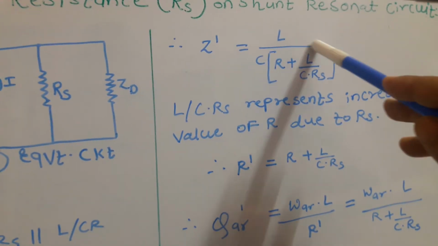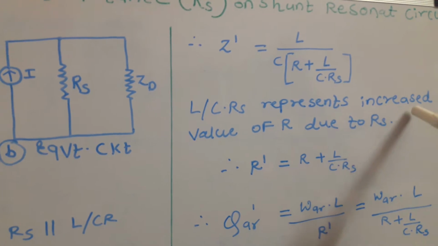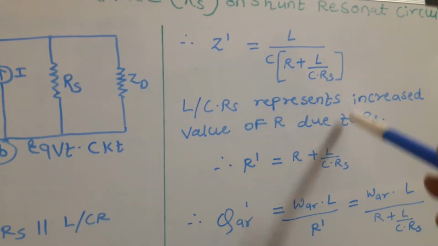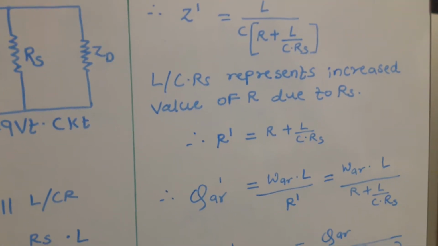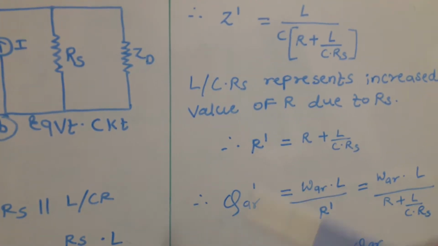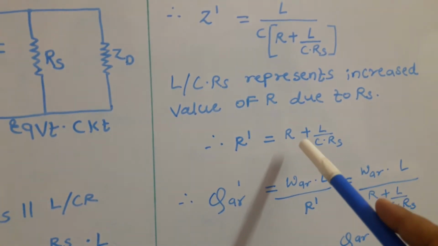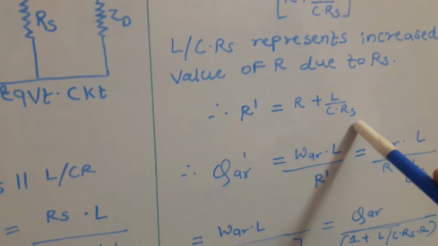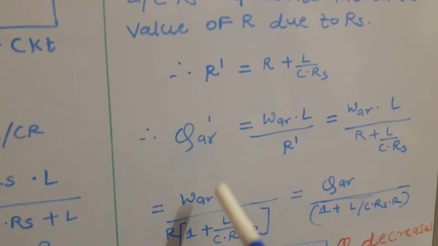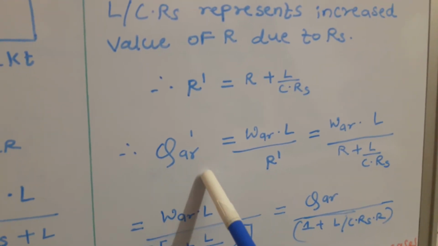Now here L by C dot Rs represents the increased value of resistance due to Rs. So this R dash, that is the increase in the total resistance, is represented as R plus L by C dot Rs.